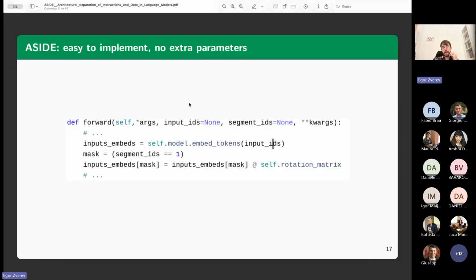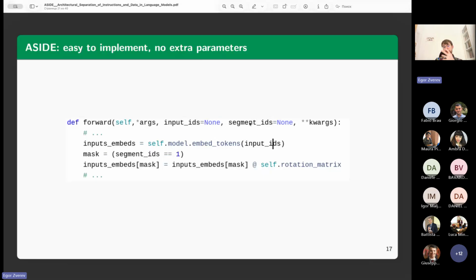Now, what I want to mention is that it's actually very simple to implement ASIDE, and the core implementation basically takes 3 lines of code. We have the forward pass of the model, which normally takes input IDs, attention masks, and some other arguments. What we can do is add segment IDs there.